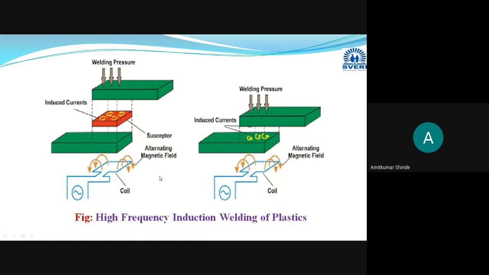It generates an alternating magnetic field, and the susceptor is heated due to the skin effect and eddy currents. Then through the susceptor, heat is transferred to the plastic materials by thermal conduction, and with the application of some pressure, the joint is created by providing some cooling time.